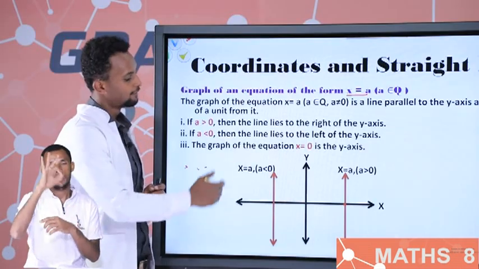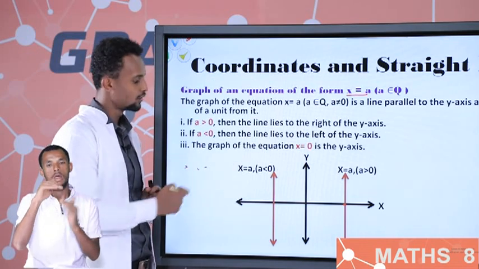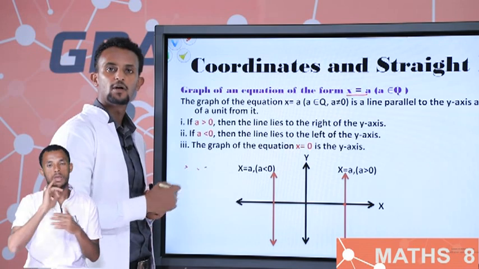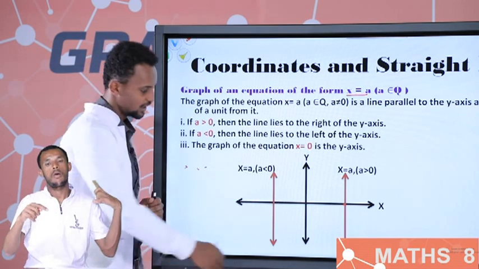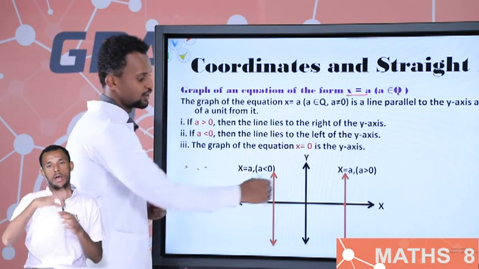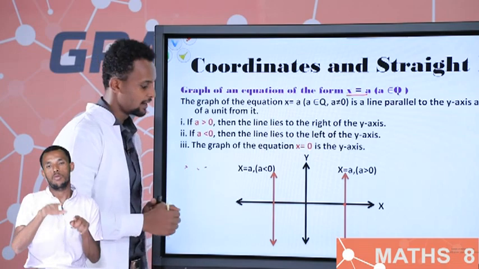But if the value of a is less than 0, that is, negative, the line is to the left of the y-axis. It is a vertical line parallel to the y-axis.